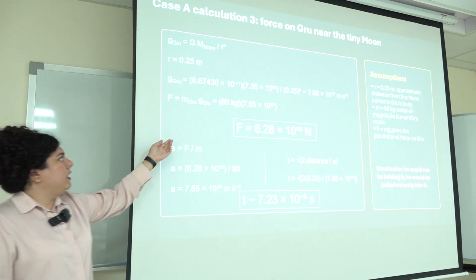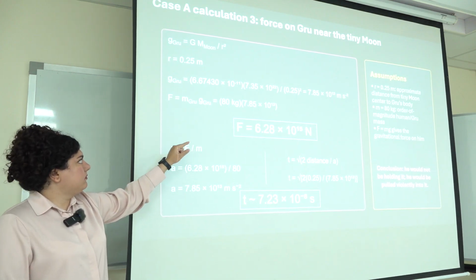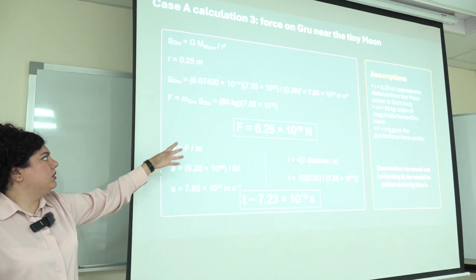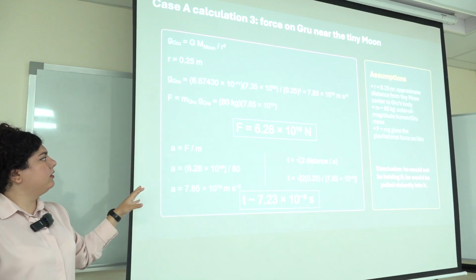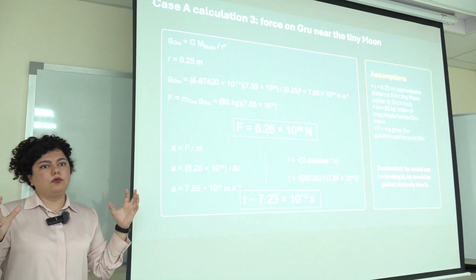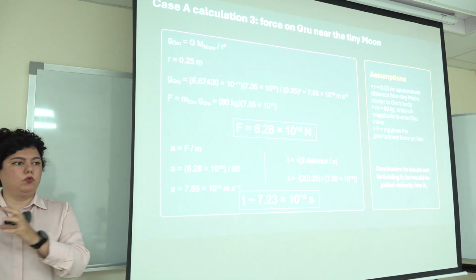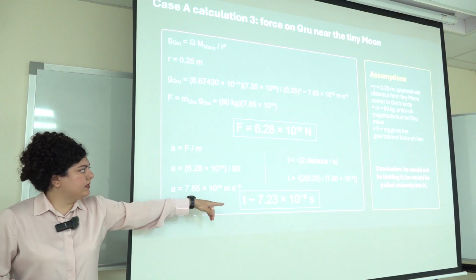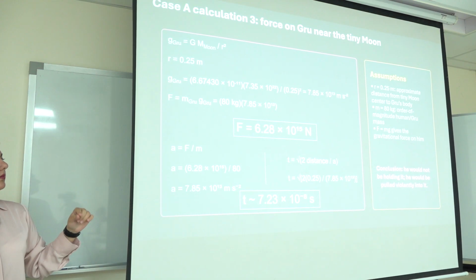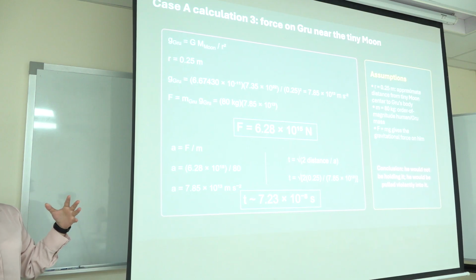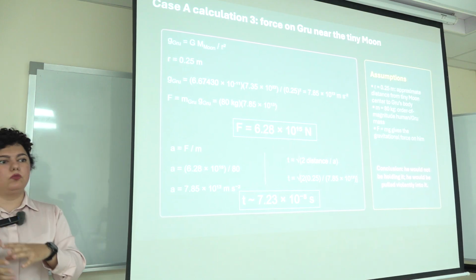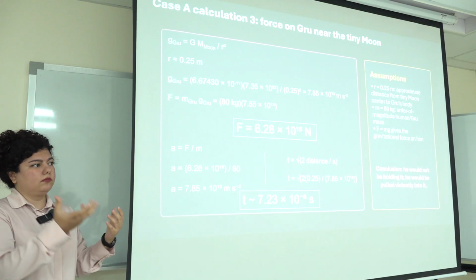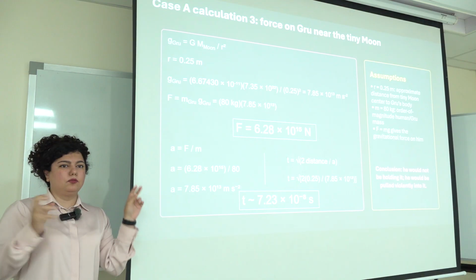And we calculate the force, and by using that force, which is really high, we can calculate the time that Gru is pulled into the moon. So it's around 10 to the minus 8 seconds. So apparently he cannot just hold the cute moon in his hand.